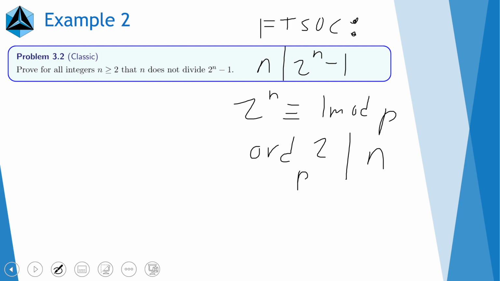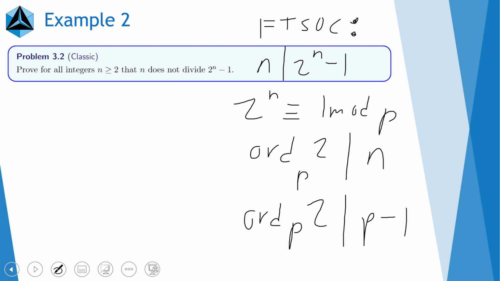And then our theorem 2.1 also tells us that the order of 2 mod p divides p minus 1.